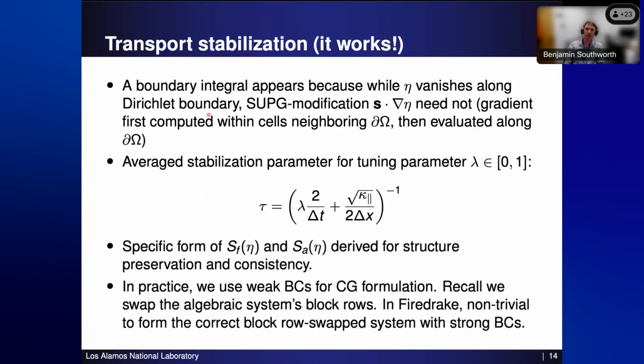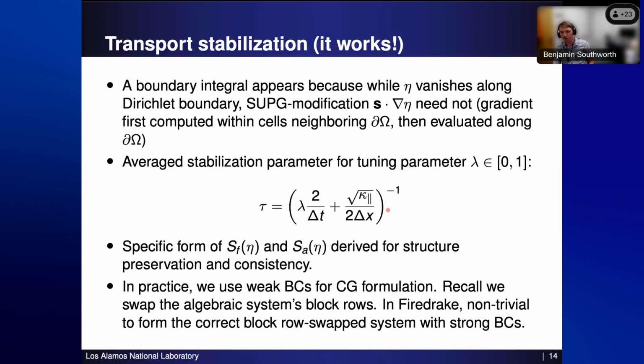And so a few comments on that. The boundary integral appears because even though eta vanishes along the Dirichlet boundary, the SUPG modifications do not. So when we use the stabilized operators, we need to add a boundary integral to enforce that in the solution space.